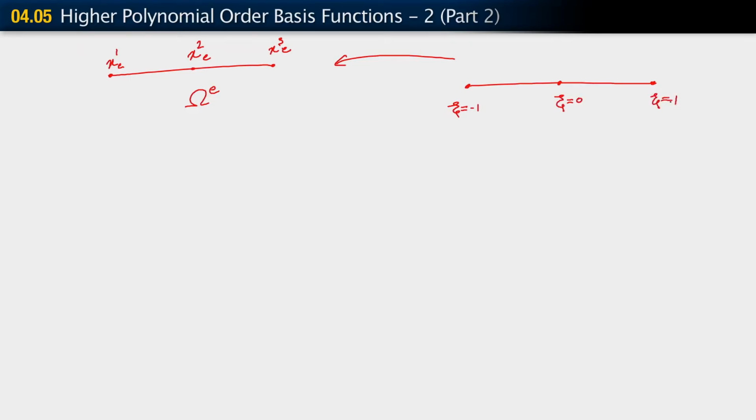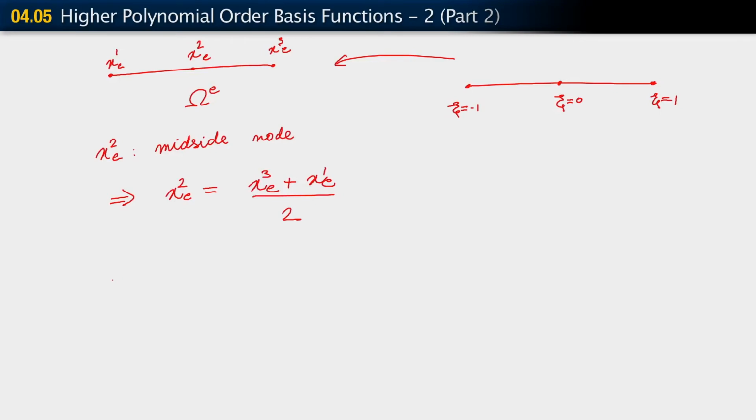What that means is that x2e is a mid-side node, implying that the position of x2e is the position of x3e plus the position of x1e divided by 2. If it is a mid-side node, that must hold.